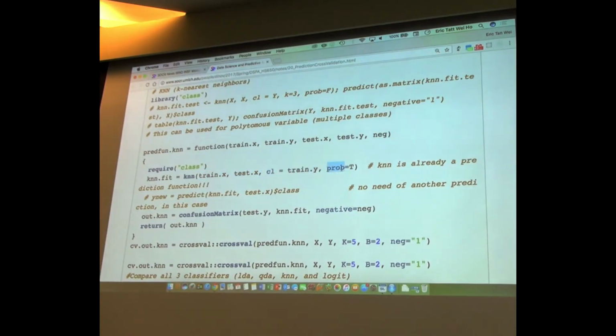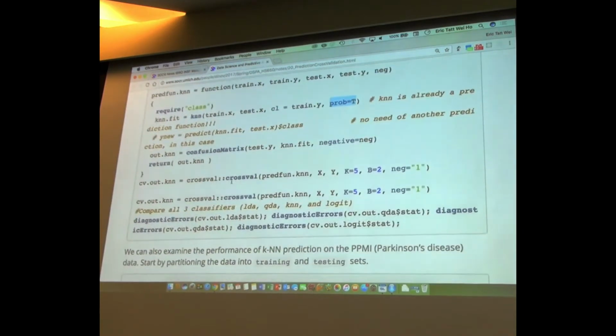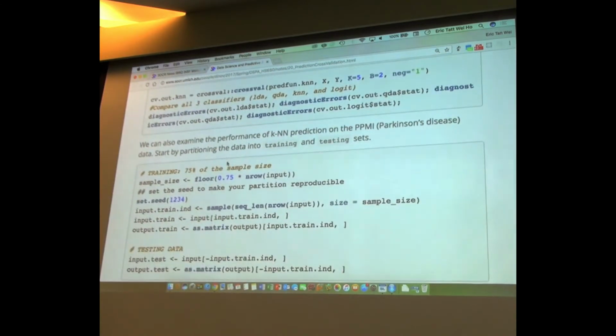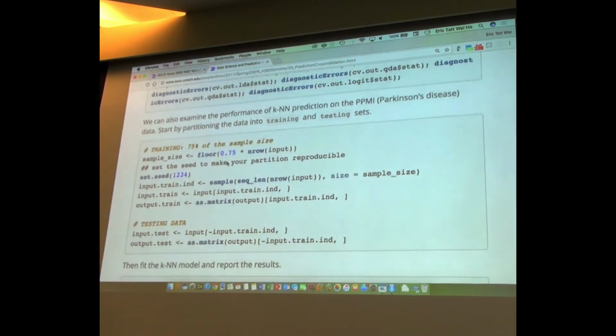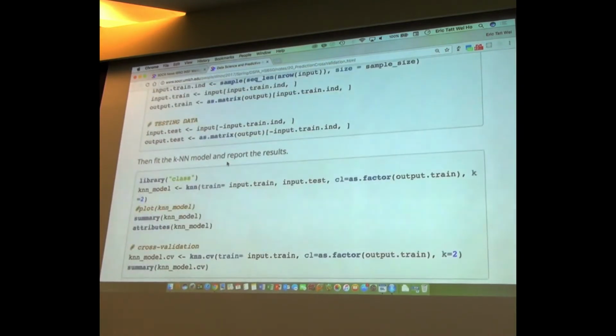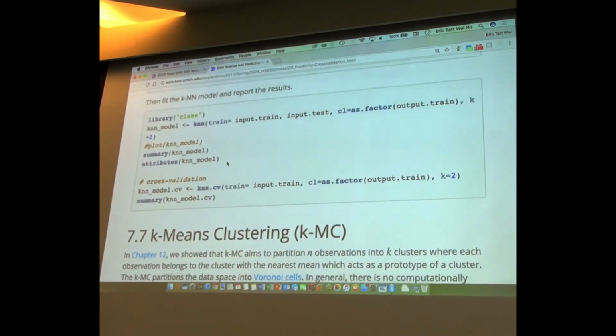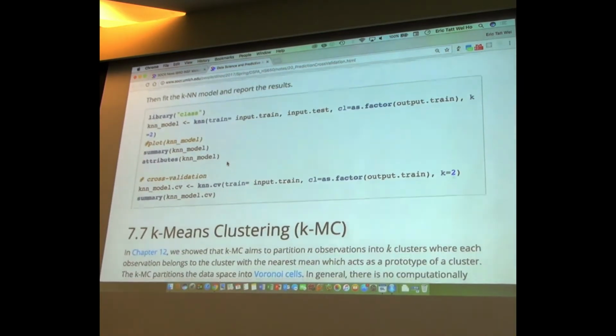And then you specify that you want the probabilities to be reported in the model at the end. Confusion matrix again, cross-validate, and the results, I think they might be printed at the end. Yeah, these results I print at the end.